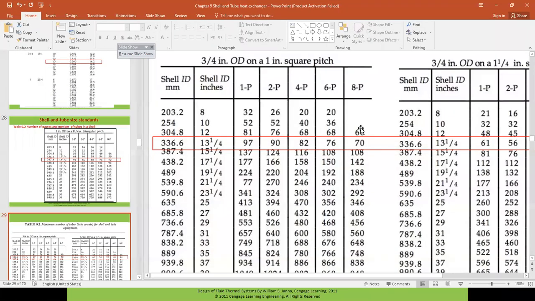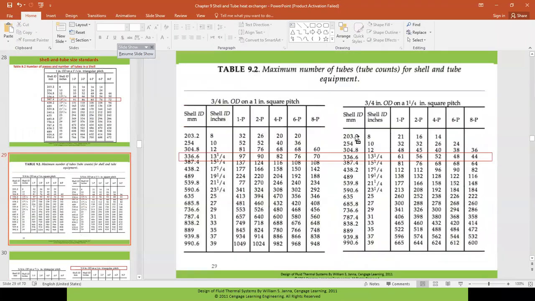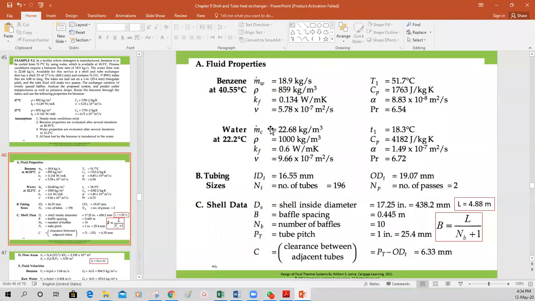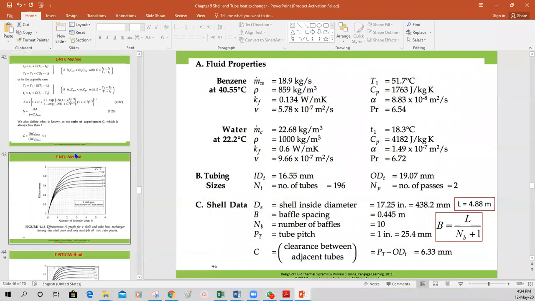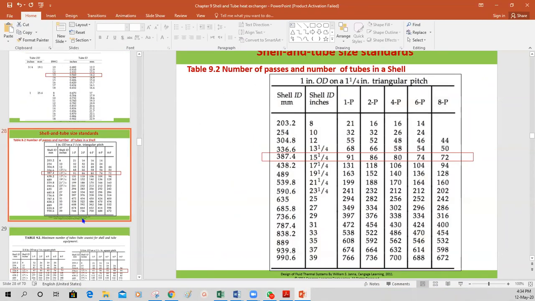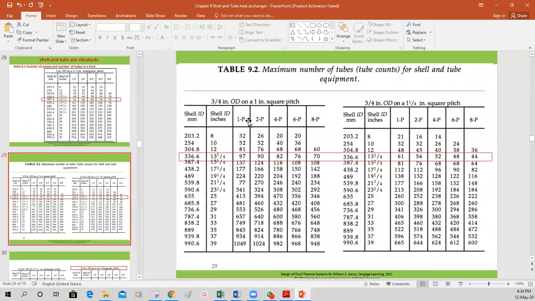What we selected is our solution, right? 3/4 inch is the outer diameter. Okay, so that is also the shell outer diameter. Got it? Clear?